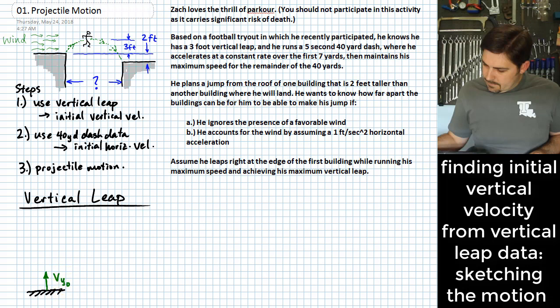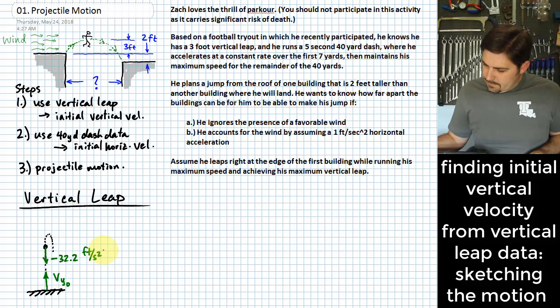We'll call this initial velocity Vy0. After you have leaped, you travel up for a ways and then you start traveling back down. If this is you, treating yourself like a little particle, you have the acceleration due to gravity acting on you that whole way. So we'll say that's minus 32.2 feet per second squared.